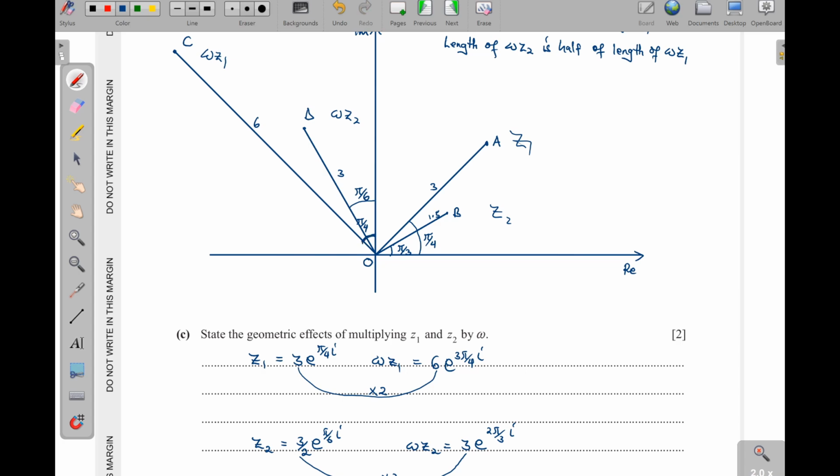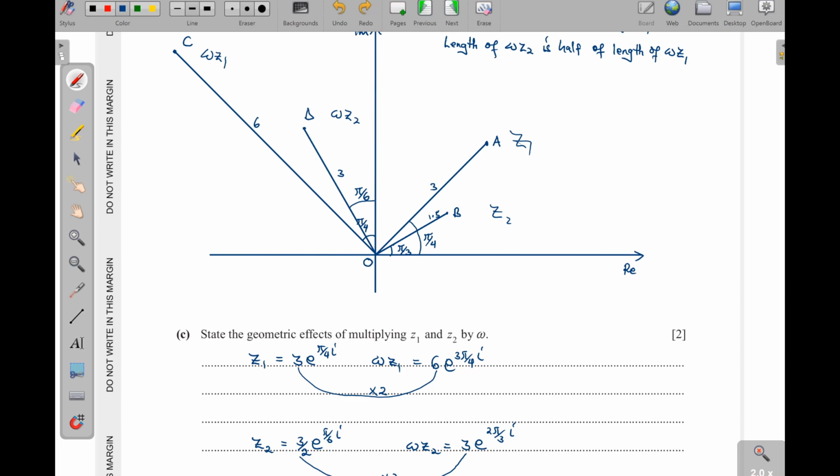So this is 45. Now, if this is 45, this is another 45, then this is another 45. That means on this 45, we added the 90. So we rotated this one here by 90 degrees, to come to this one.